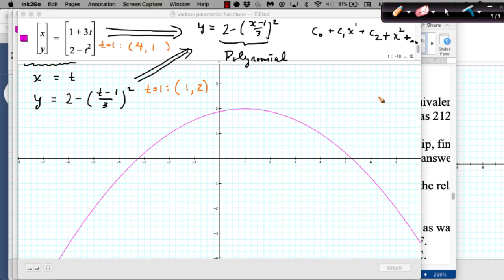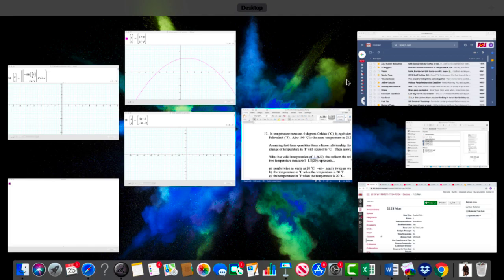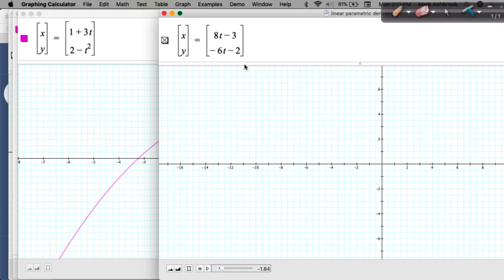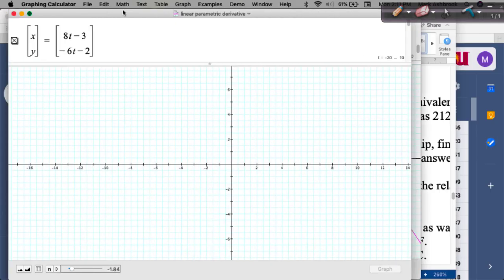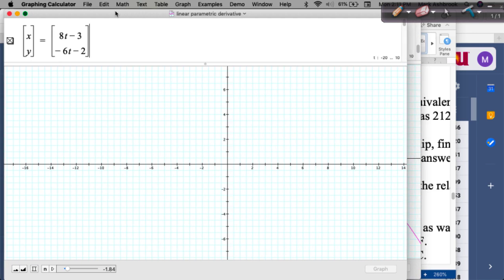Okay, so let's look at this then. Here's another parametric function. I want you to write that parametric function as an equation of x and y, and possibly y as a function of x if it works.